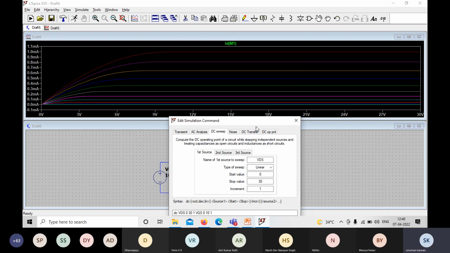So plot the curve and find the pinch off voltage.